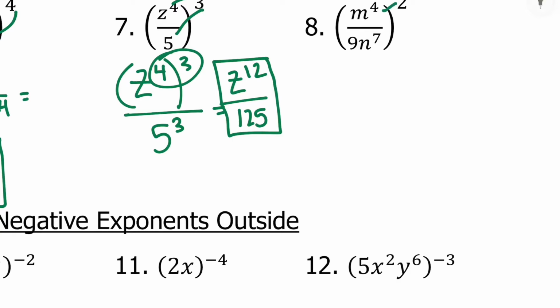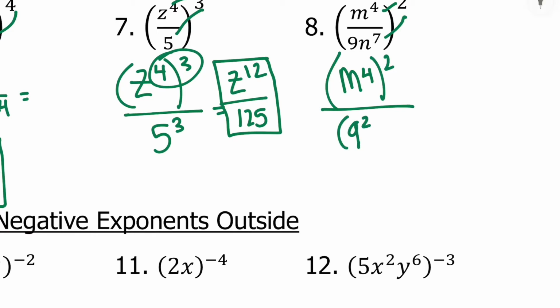Number 8, we're going to square the top and the bottom. So be careful here, we're squaring the 9. Let me take this over here. We're squaring the 9 and the n to the 7th. So we're squaring that too. So make sure you're giving that squared to both.